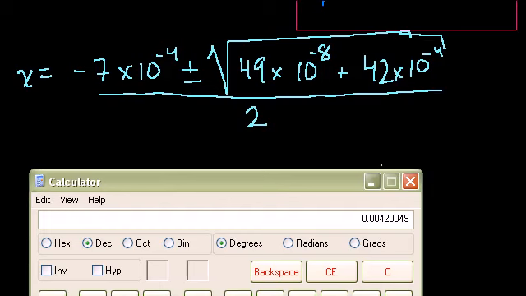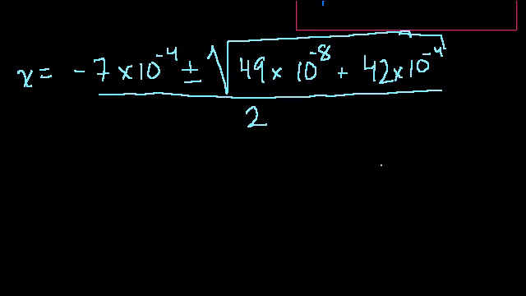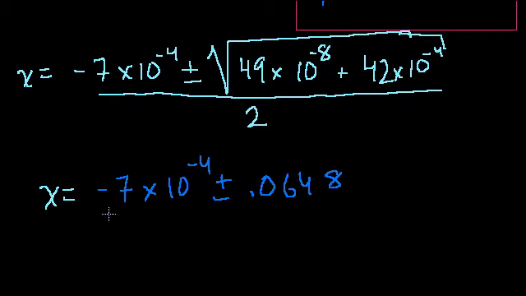And now we want to take the square root, so to the 0.5 power is equal to 0.06. So far we get x is equal to minus 7 times 10 to the minus 4 plus or minus 0.0648, all of that over 2.